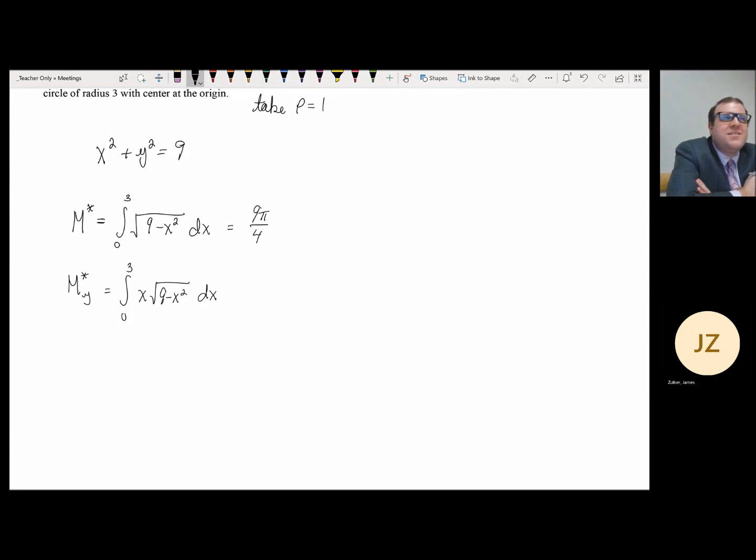What would the technique be? You could use trig sub, but there's an easier way. Guessing it'd be a u sub. This is just simple u sub. Derivative of 9 minus x squared is negative 2x. We have an x. Perfect.